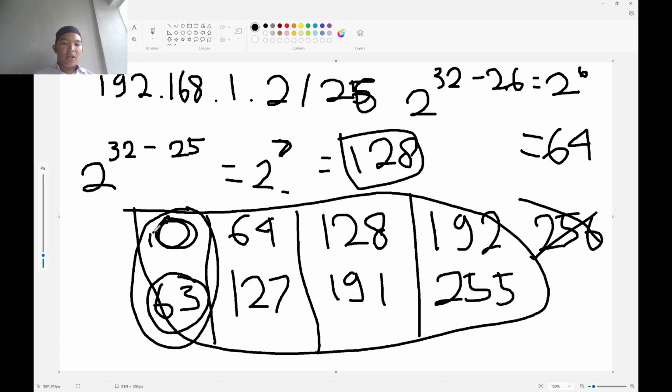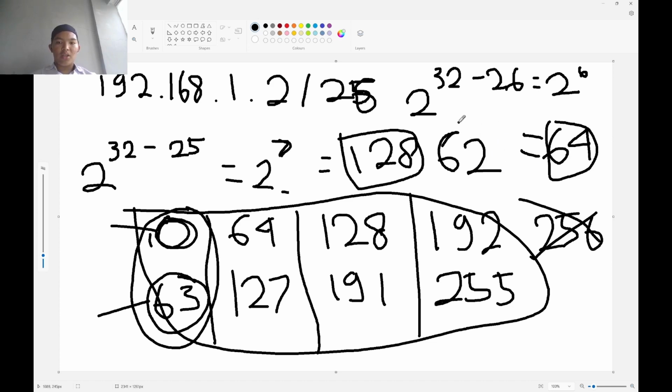These 2 IPs cannot be used because they are already used for network and broadcast. So it means the total IPs we can use in each group is the total hosts minus 2, so it means 62. This is the total IPs that we can use for our devices and others.